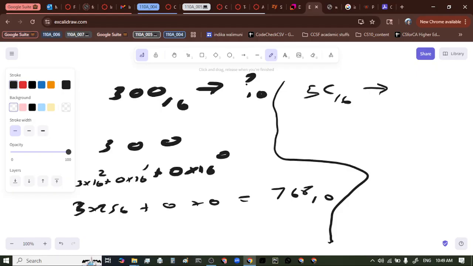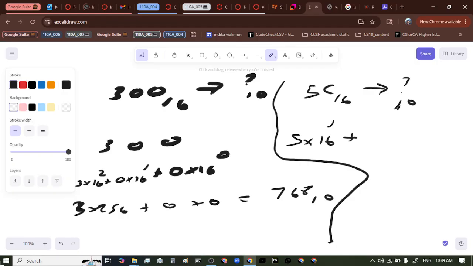What is it in decimal? Okay. So basically, 5 times 16 to the 1 plus C times 16 to the 0.